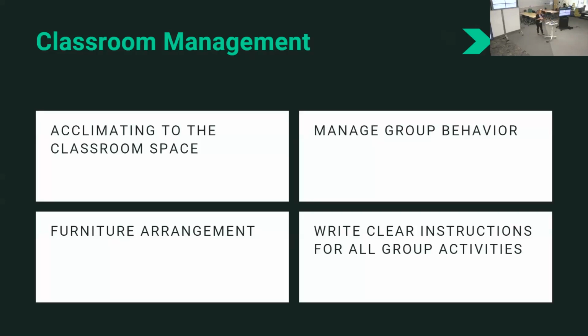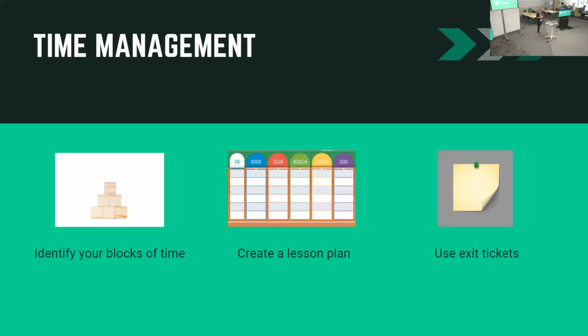Identify blocks of time, and again, like we talked about, create a lesson plan. And then really stick to that time. If there's something that you really want to discuss, or use an exit ticket. Have a little sticky note prepared at each table.